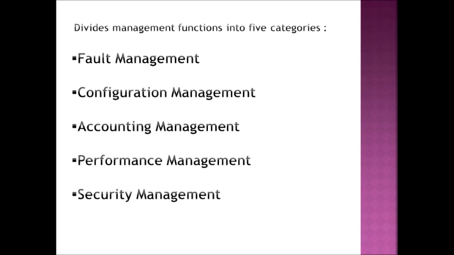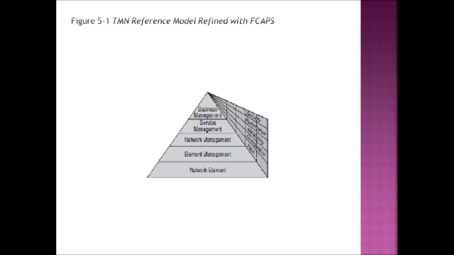It is actually part of a larger management reference model that we introduced in the previous chapter, the TMN reference model. As mentioned earlier, the TMN reference model covers much more than just management layers. The FCAPS categorization of management functions is one of the concepts that it introduces.